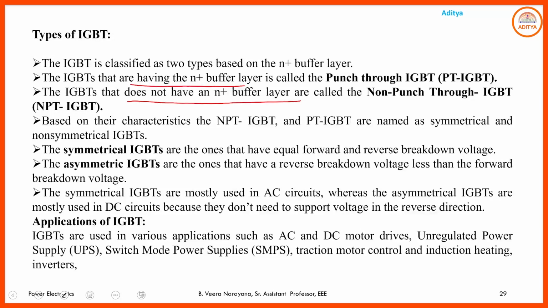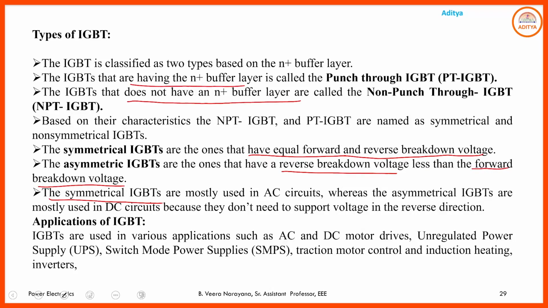The main difference is that symmetrical IGBTs have equal forward and reverse breakdown voltages. If you have different reverse and forward breakdown voltages, those are called asymmetrical IGBTs. From the application point of view, we consider either punch through or non-punch through IGBTs.